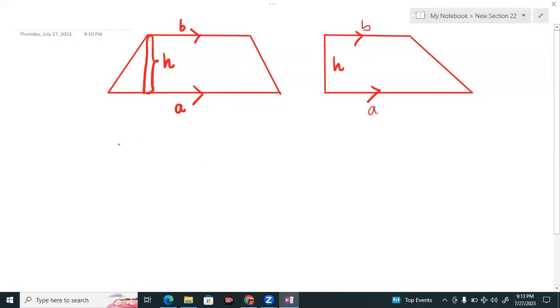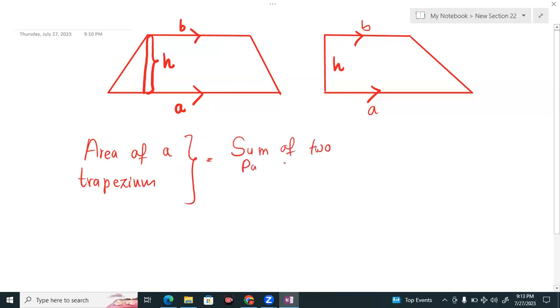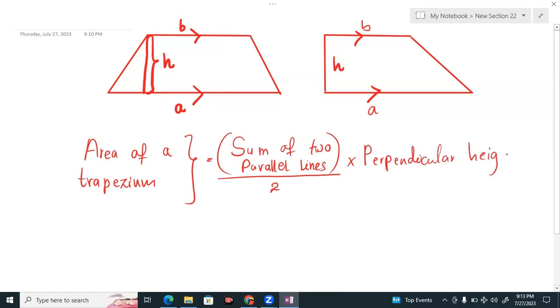Then write down: area of a trapezium is obtained by the sum of the two parallel lines, divided by 2, and it is multiplied by the perpendicular height.